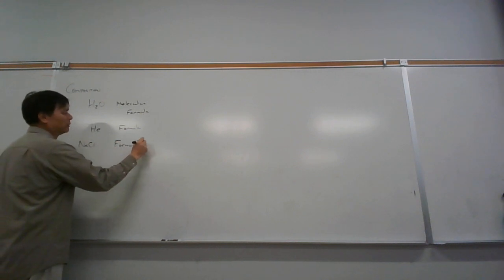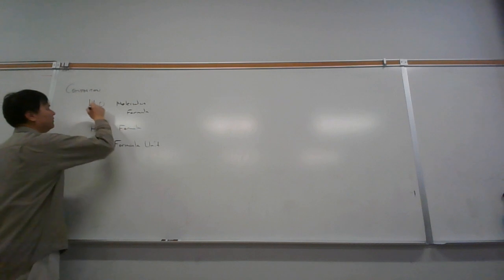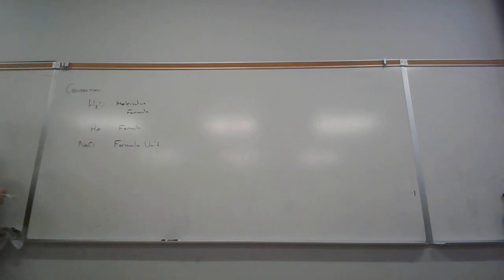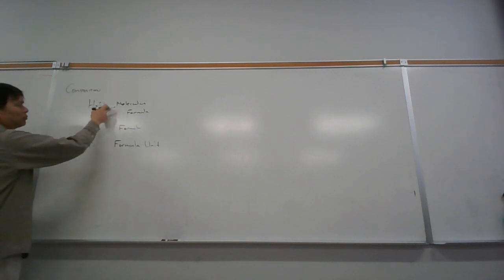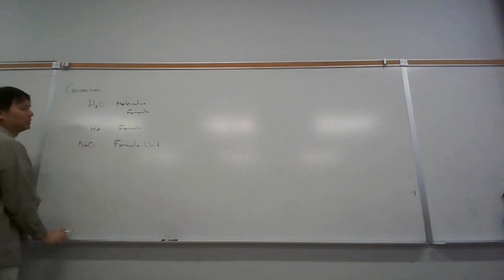But you usually call it a formula unit, because all 3 of these are empirical formulas, and so it doesn't really differentiate if we just call it an empirical formula. But all of these are also formula units. The formula unit for water is the same as the molecular formula, but the formula unit for an ionic compound is going to be the empirical formula.